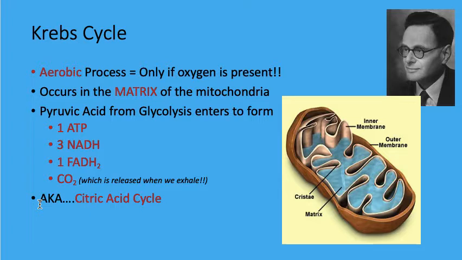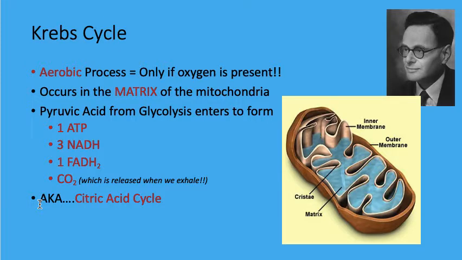And this is where that carbon dioxide gets released from our cell and gets given off. Hence, think about when we are breathing, as humans and other organisms that undergo cellular respiration, they give off carbon dioxide. And this is the point at which they do.